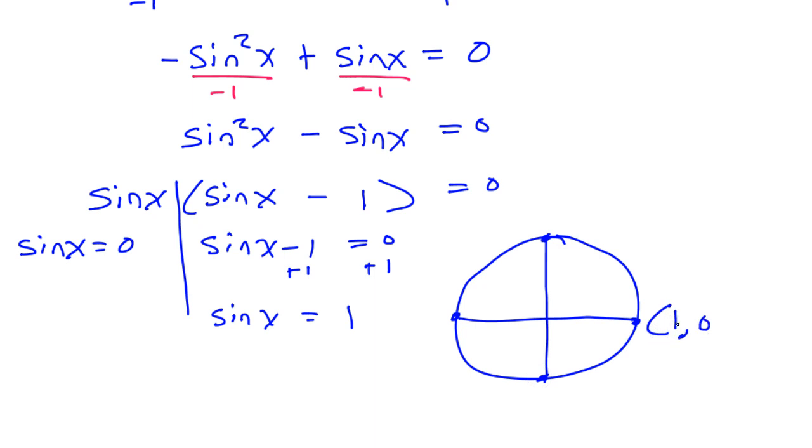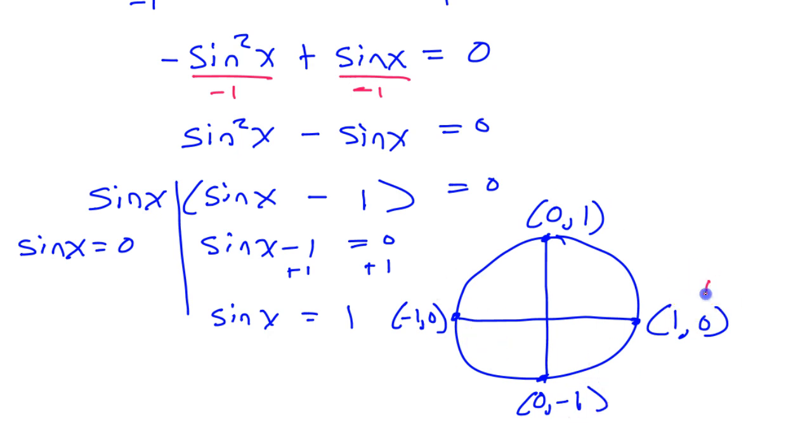So this is 1 comma 0 and 0 comma 1 and negative 1 comma 0 and 0 comma negative 1. Now sine is the y value on the unit circle. So let's see. If I want the sine of x to be 0, then I'm checking the y values and I'm looking for 0.